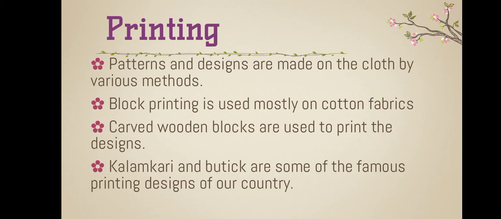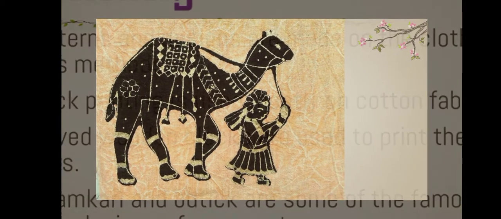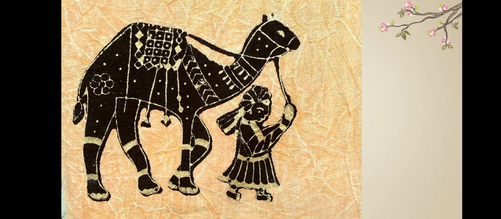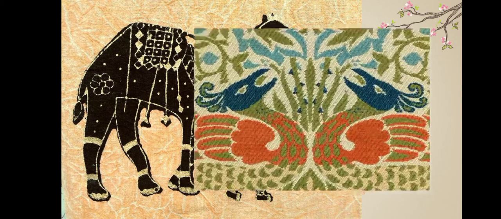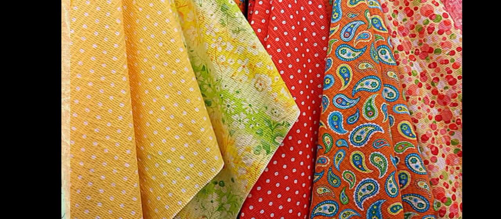Kalamkari and batik are some of the famous printing designs of our India. The printing we are going to see now. See this kind of printing on a cloth, the patterns and designs made on the cloth by various methods. Different kinds of methods are used to print the cloth.